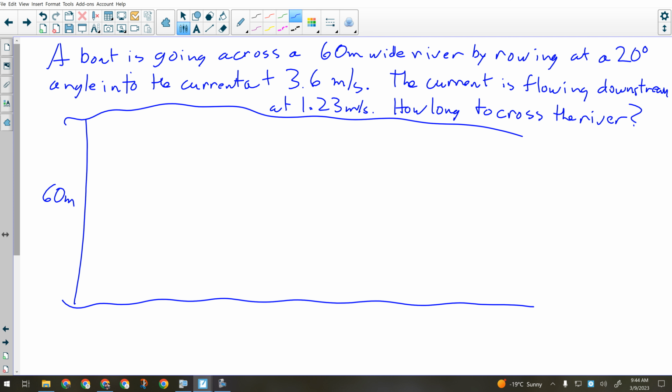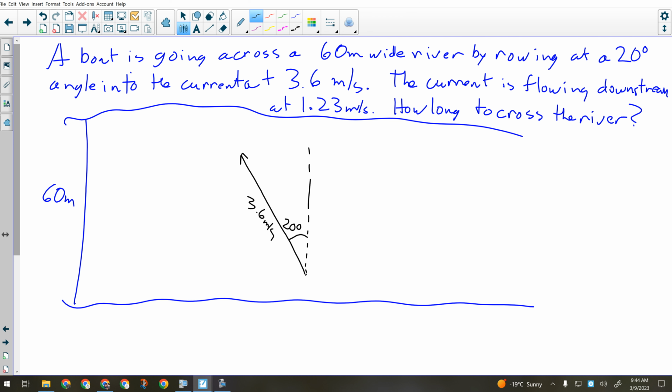Okay, in a going across question, you're rowing, which would look like this. I'm rowing into the current at a 20-degree angle.